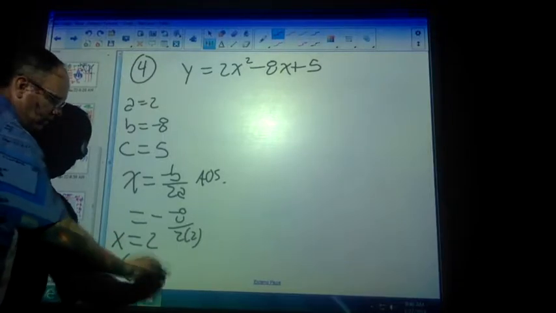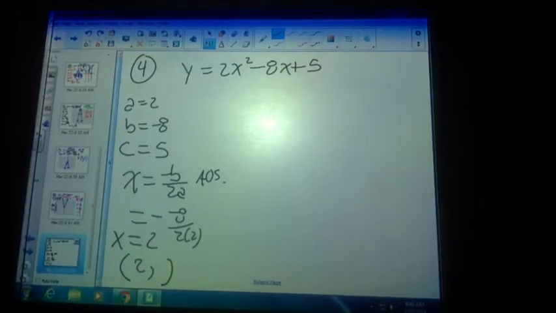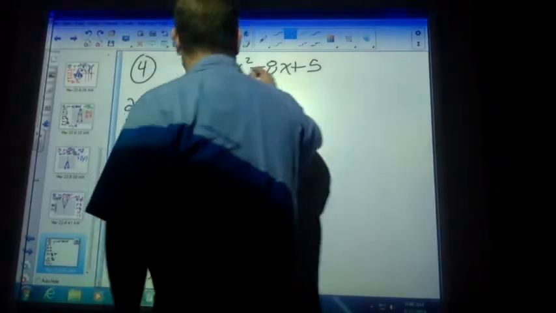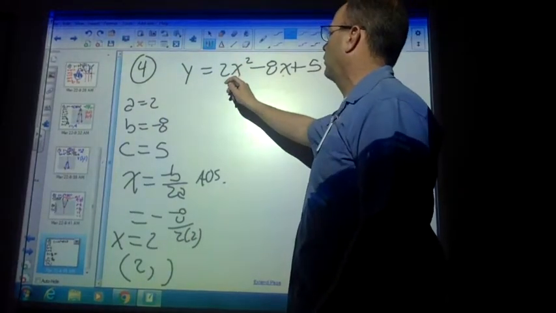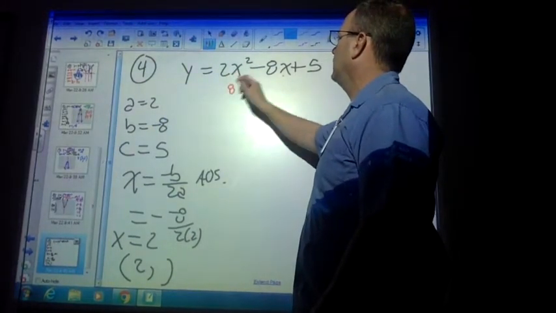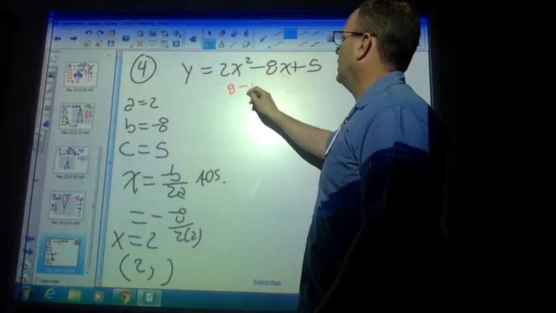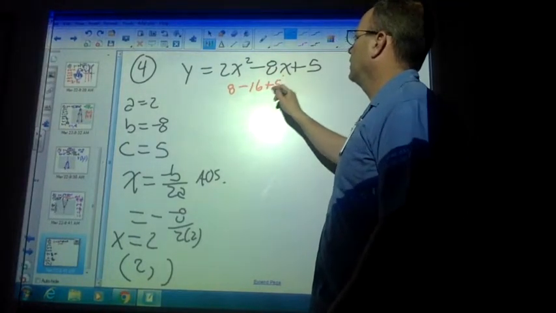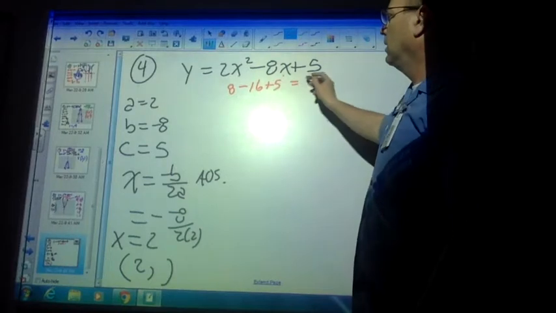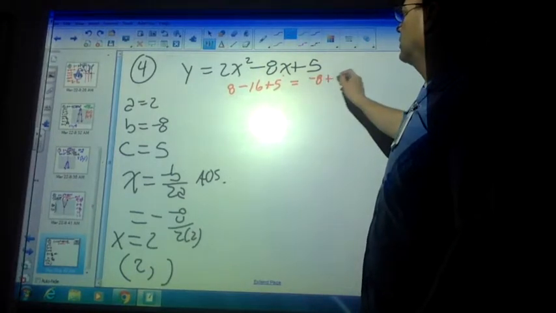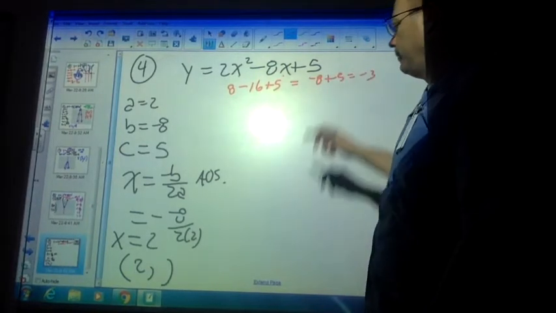So my axis of symmetry is 2, and I get 2 comma something. I plug 2 in: 2 squared is 4, 4 times 2 is 8, negative 8 times 2 is negative 16, plus 5. So that's negative 8 plus 5, which is negative 3.